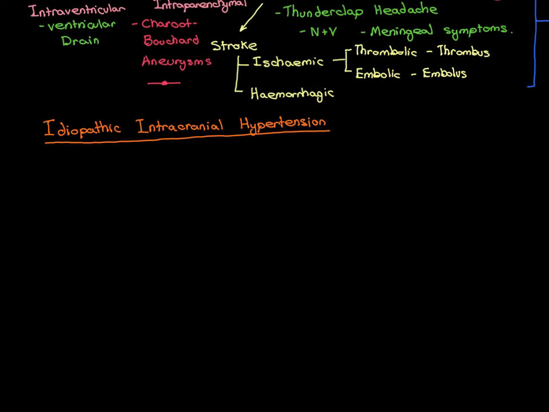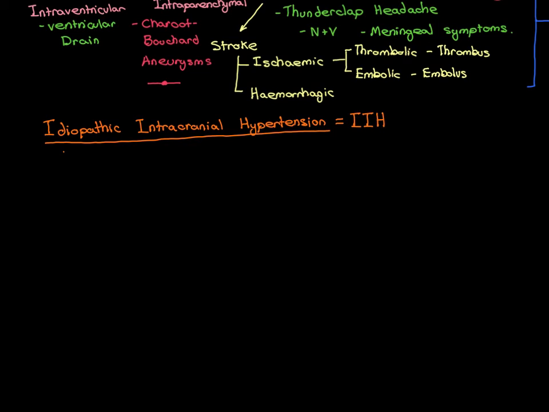So we do not know what is causing your intracranial hypertension, but it is there. You do have too high intracranial pressure, but we don't know why. And that's what the idiopathic means, that we don't understand where the intracranial hypertension has come from. For short, idiopathic intracranial hypertension can be abbreviated down to IIH.